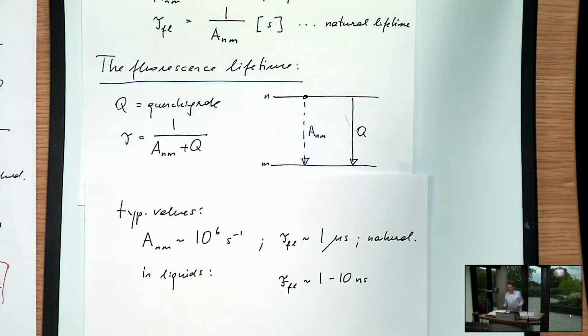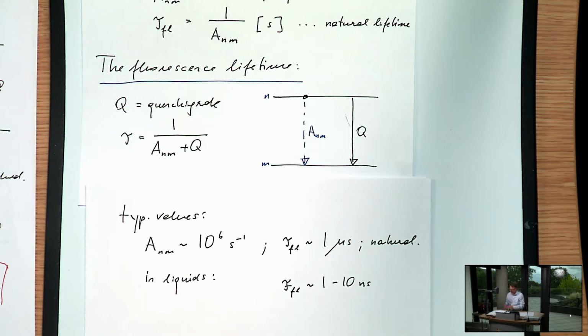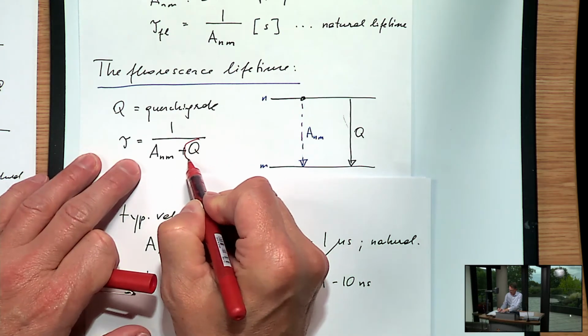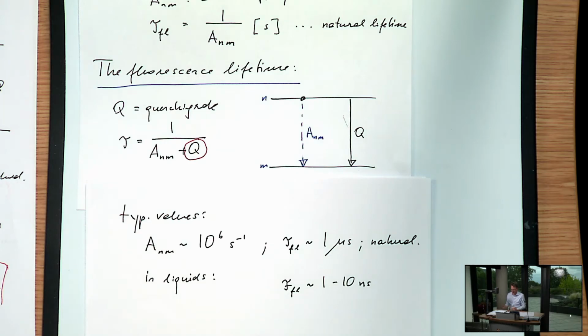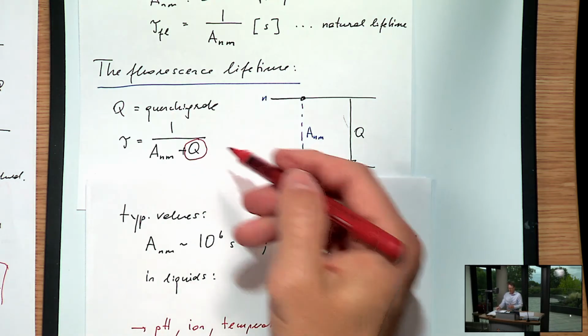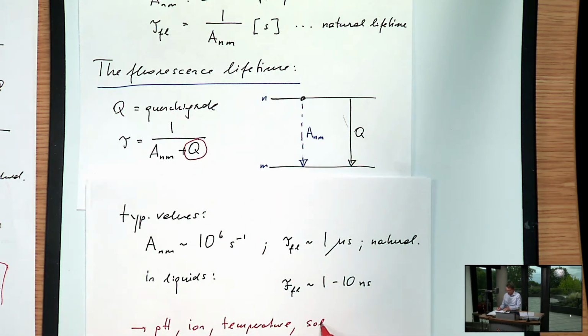So there's a severe reduction in signal. But the interesting point is that this Q depends on environmental parameters. It depends on pH. It depends on ion concentration. Some ions quench really hard, so if they're present, the quenching rate may go up. It depends on temperature: the higher the temperature, perhaps the more collisions you get, and the higher the rate of quenching. It also depends on the solvent polarity.